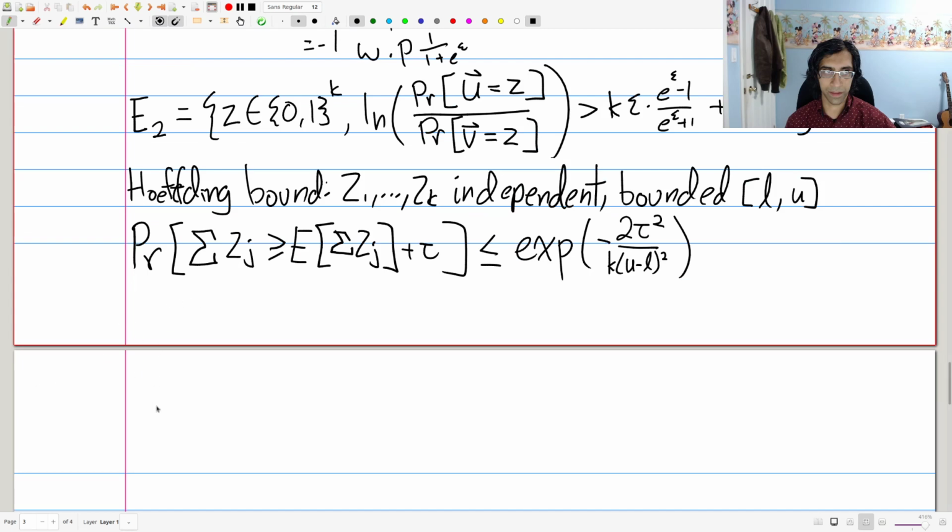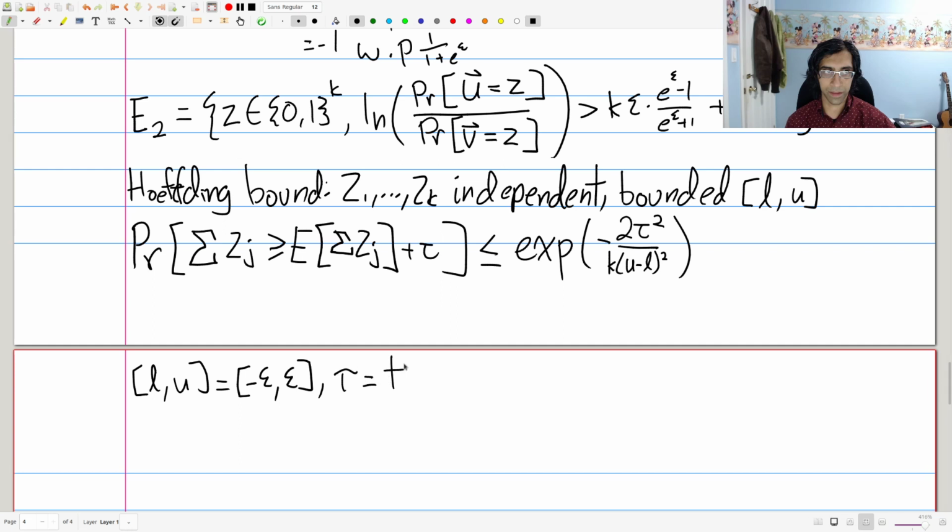So set [L, U] equal to [minus epsilon, epsilon], and set tau equal to t times epsilon times square root k.